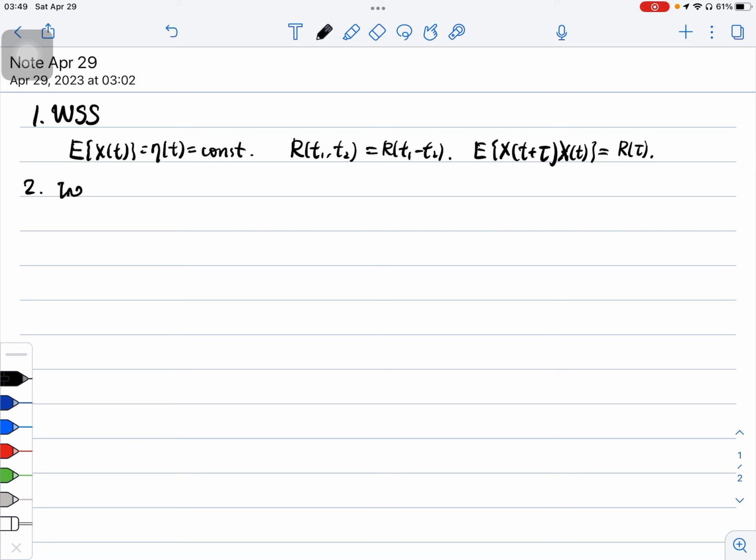Second, the independent increment process.